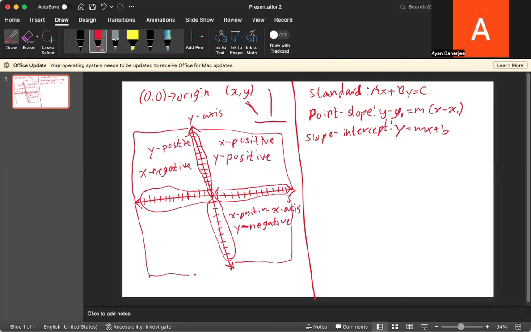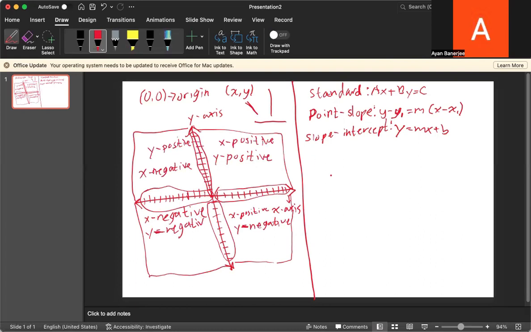And the last part down here, we have x is negative, and y is also negative. Okay.